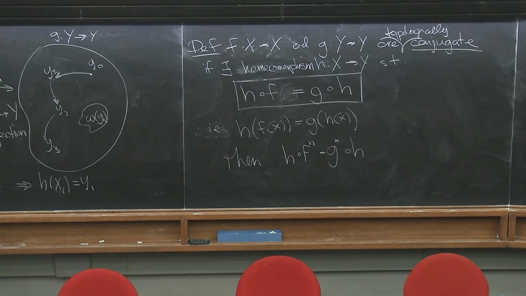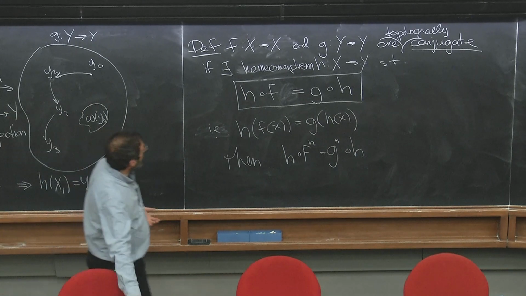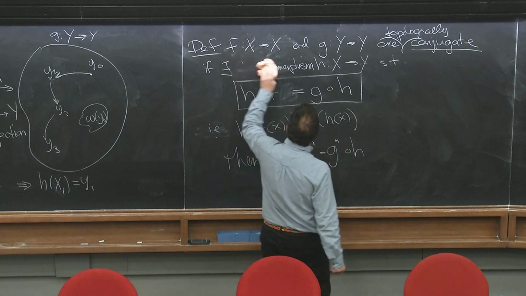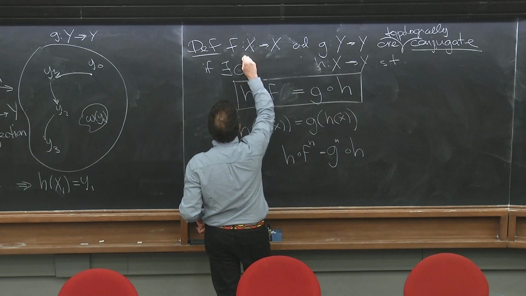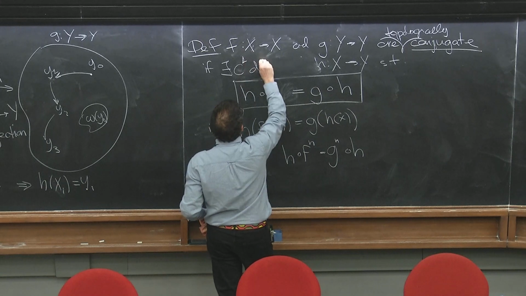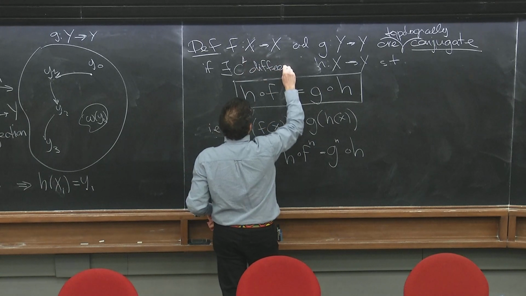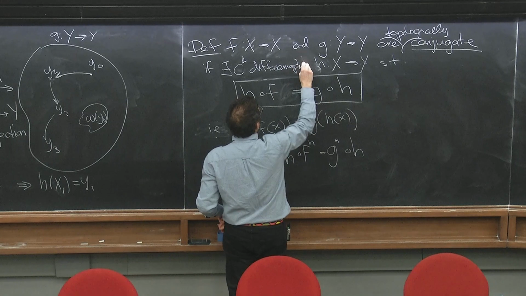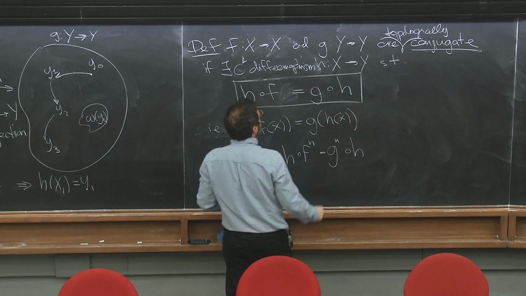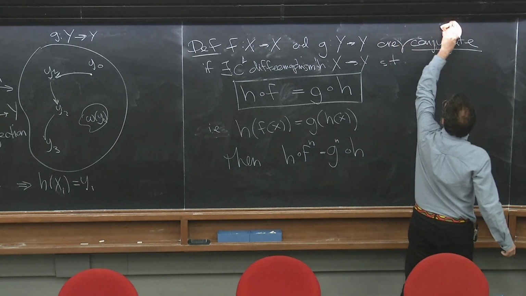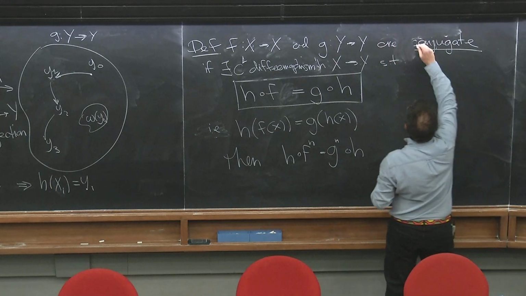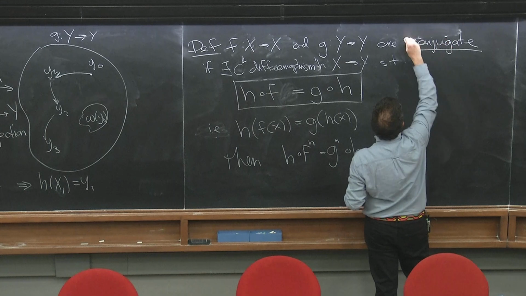Homeomorphism is good, it preserves omega limits. But I would like this to be, for example, a C1 diffeomorphism, right? And in this case, I'm going to call this a C1 conjugacy.